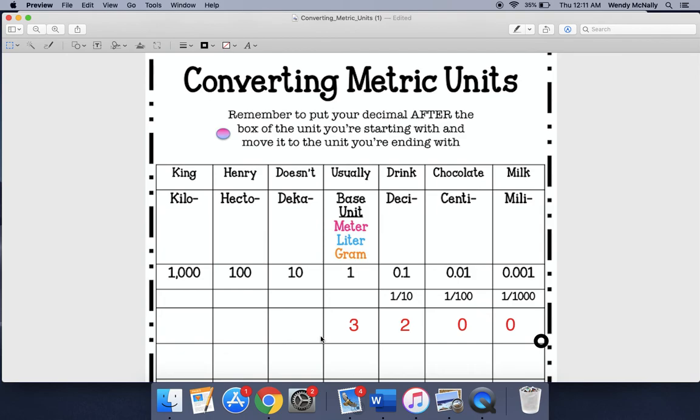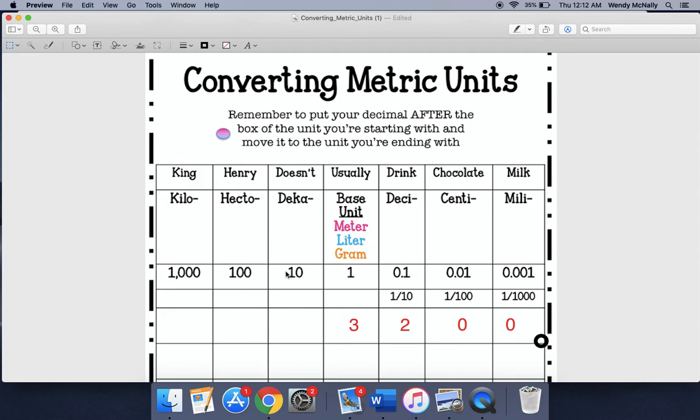When you are going from a larger unit to a smaller unit, you multiply. When you're going from a smaller unit to a larger unit, you divide. If you want to just do that and this seems a little bit intimidating, that is fine. If you're looking at this and you're saying, wow, that's easy peasy, this is a great tool for me, then that's fine as well. However you feel comfortable, okay?